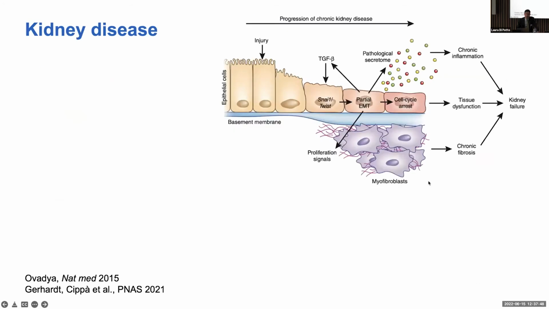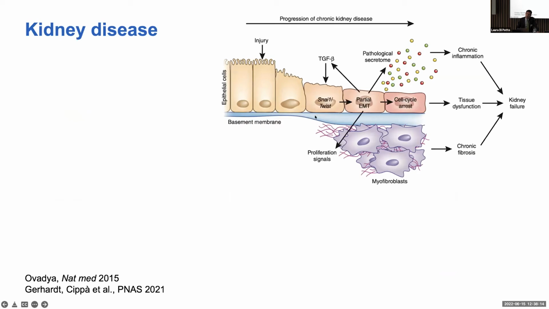So obviously things become even more interesting when we move to kidney disease, particularly in a translational or clinical perspective, because we know that more or less all kidney diseases are associated with very particular cell types or cell states. So the cells get damaged or they enter into a particular cell state. Here as an example, if you have a tubular injury, this is a normal epithelium.